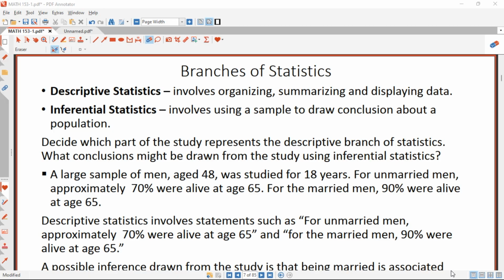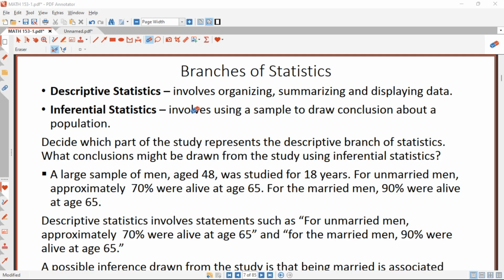And usually they use bar charts, pie charts, histograms, etc. to give meaning to the data that they collected. That is descriptive statistics.